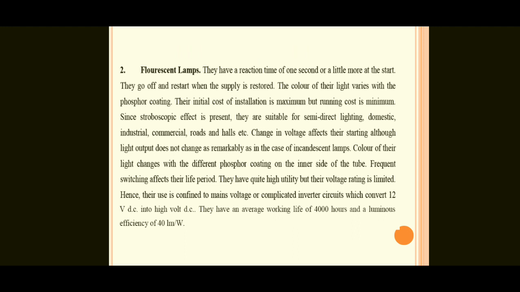Next, the average working life is 4000 hours and a luminous efficiency of 40 lumens per watt.